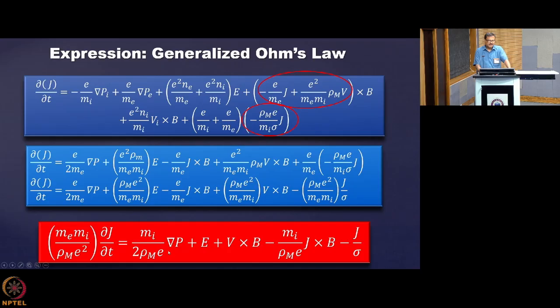So what does it relate? It relates the time variation of J with grad P, electric field, then motion through V cross B, and then the current density and the conductivity. So it is an ideal case for this plasma, which can associate each of these.